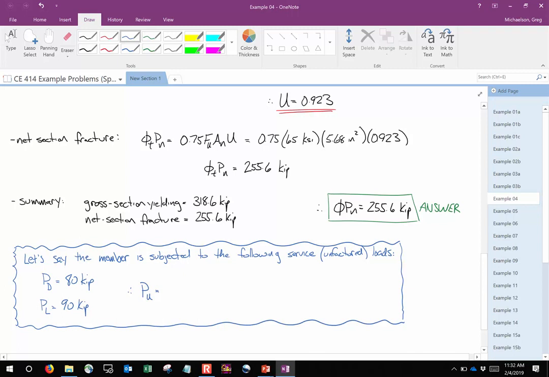And if all you have are dead loads and live loads, the controlling load combination is as follows. And so what do you get?